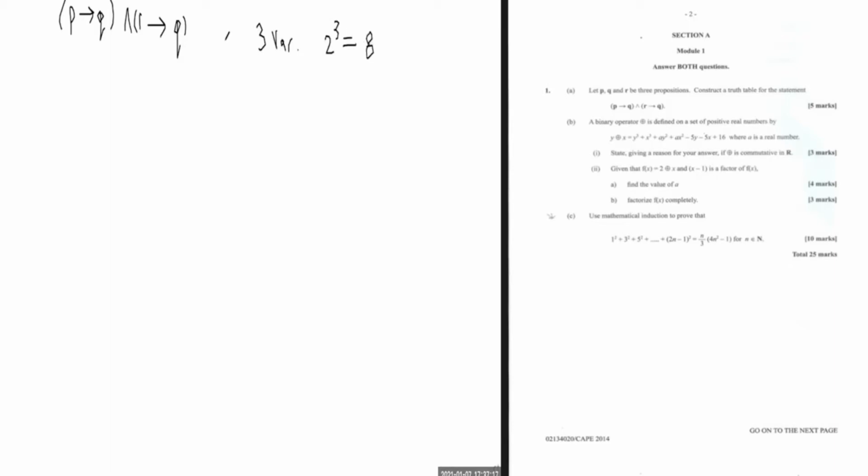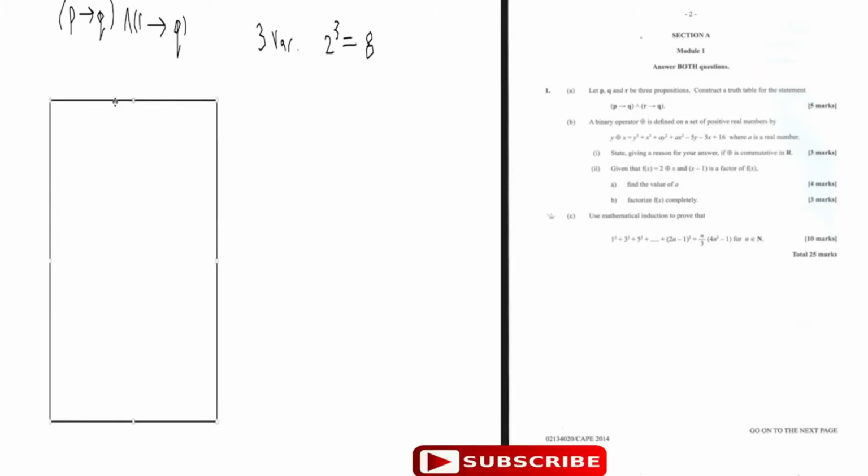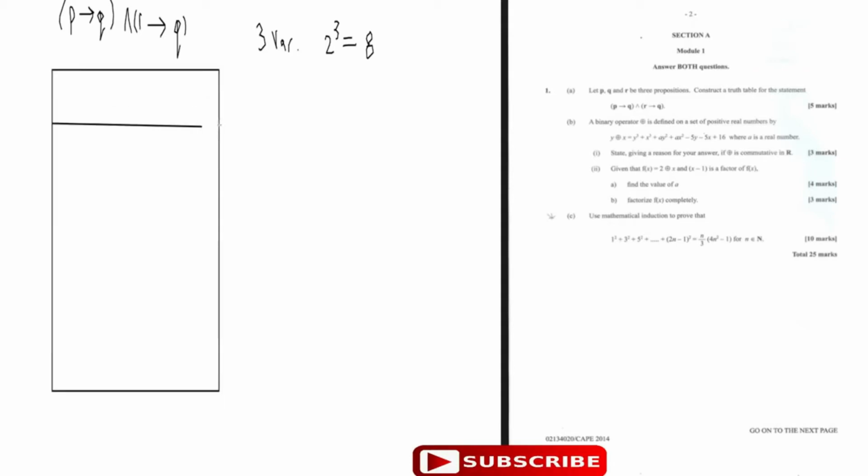So the first thing we're going to do is set up our table. And the variables again we know are P, Q, and R.